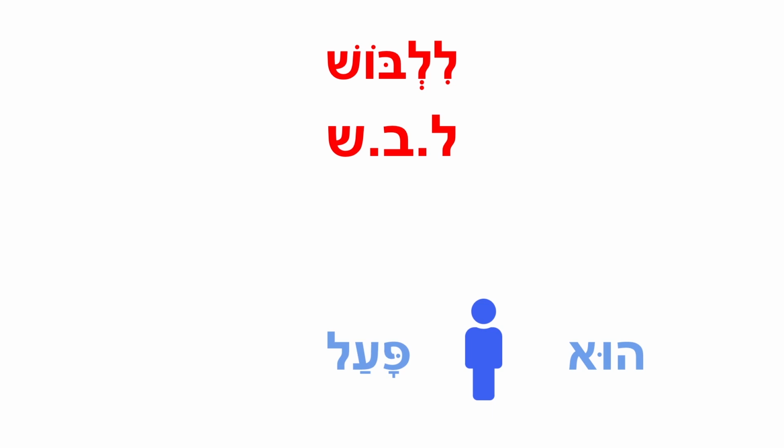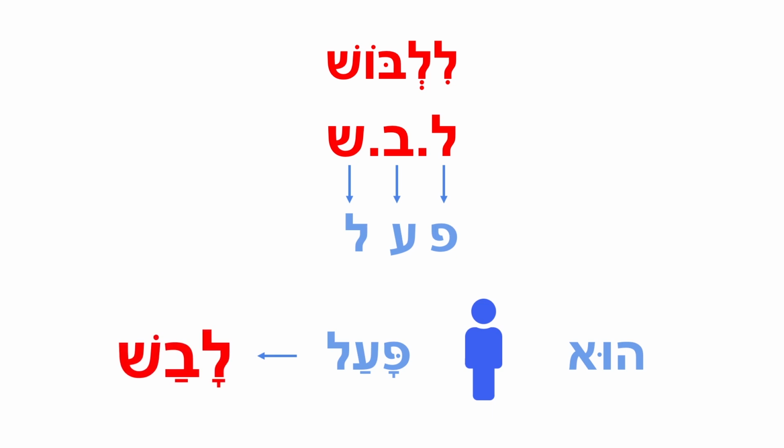So we need to replace the letter pei with the letter lamed, the letter ain with the letter bet, and the letter shin with the letter lamed. So he wore something, hu lavash. So hu pa'al, hu lavash.